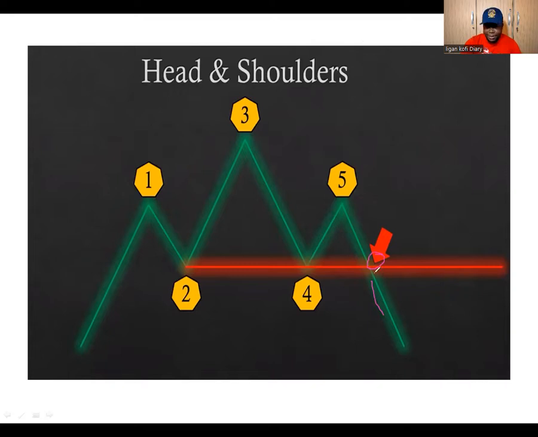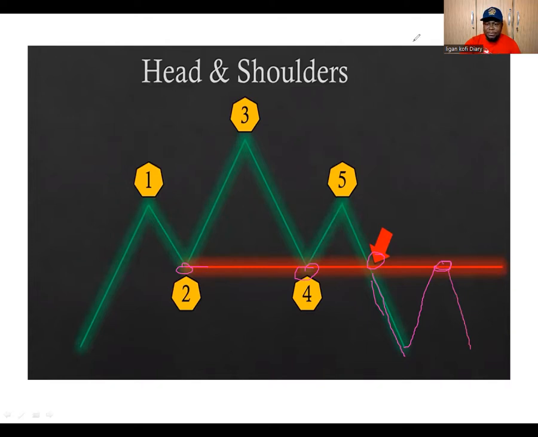After the break, you wait for the trade to come back and test this break over here, to come and test the 2 and 4 area here. Once it comes back to test this line, whatever is going to be happening around this area will determine whether you should enter a sell or not.